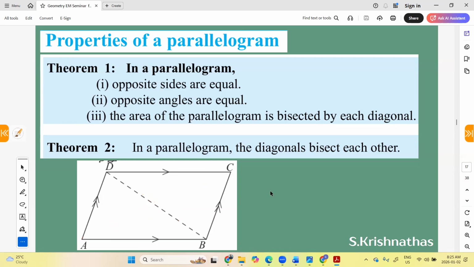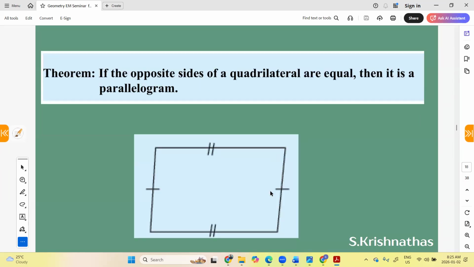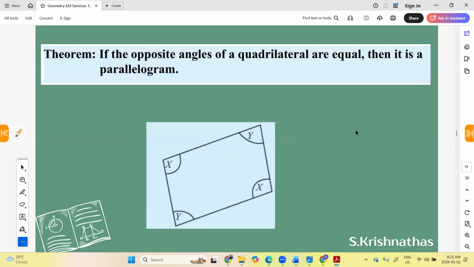Next, students, in a quadrilateral, opposite sides are equal, it is a parallelogram. In a quadrilateral, opposite angles are equal, it is a parallelogram.